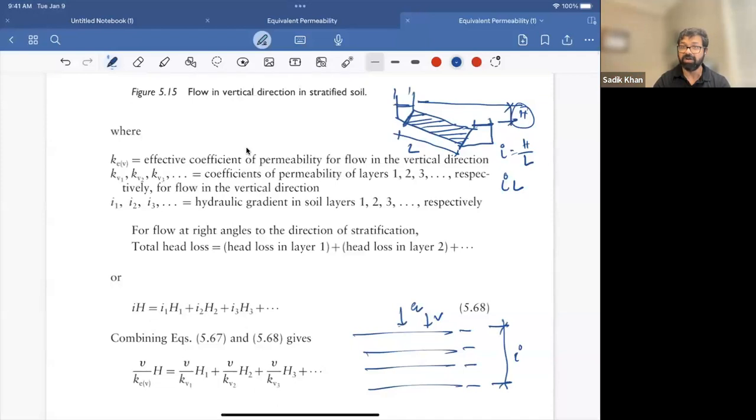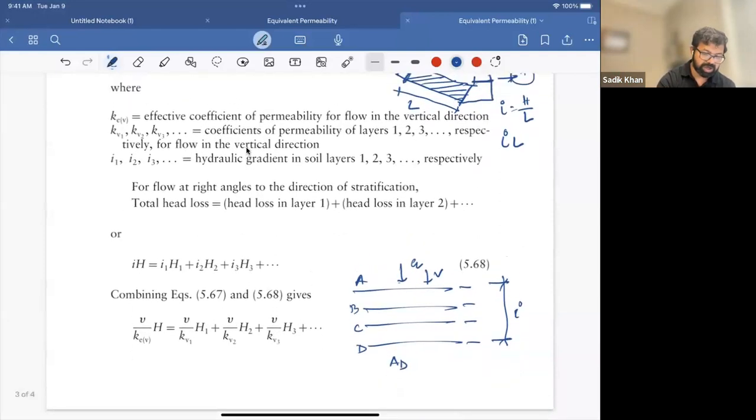Why? Because we have the loss, right? Potential loss. So let's say from point A, B, C, D. From point A to D, we have a pressure loss of iH. Our thickness is H, which is the length.